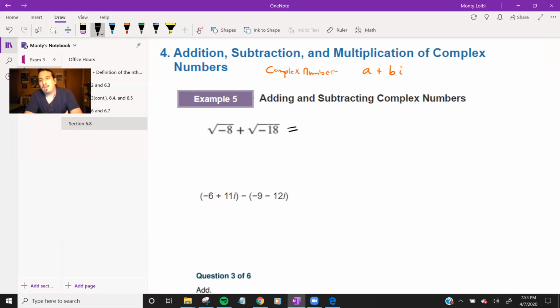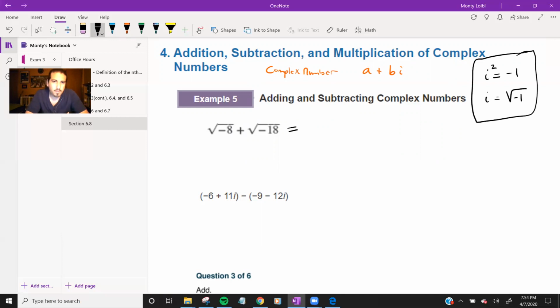Okay, so again, just so we have this for reference, i squared is -1, which means i is equal to the square root of -1. So nice little thing to keep tagging along here. Okay, so this will be our blue, this will be our orange.